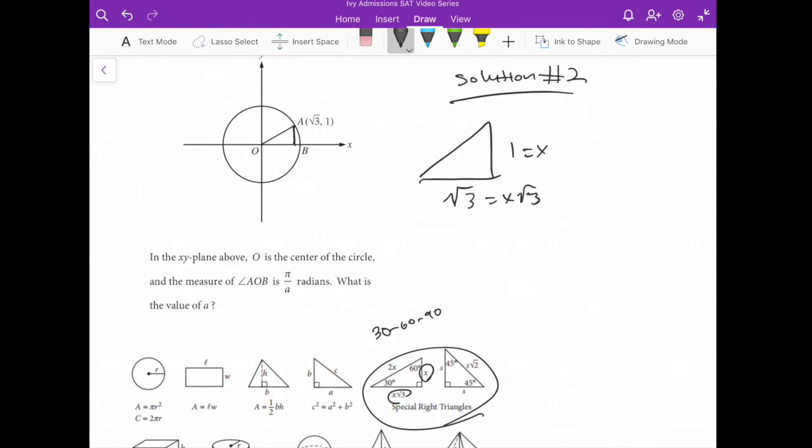Once we can identify that these side lengths exist, we'll know immediately that this is a 30, 60, 90 triangle. And for the sake of completion, we can figure out that this side is 2 times x, and we know that x is 1, so it is 2. Once we have this in mind, we don't have to use any trigonometry at all.